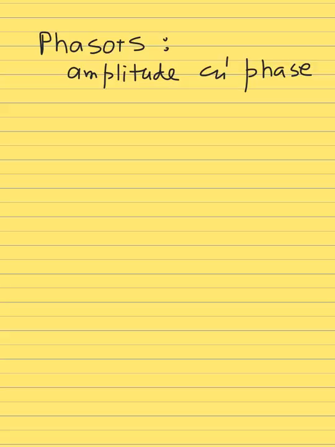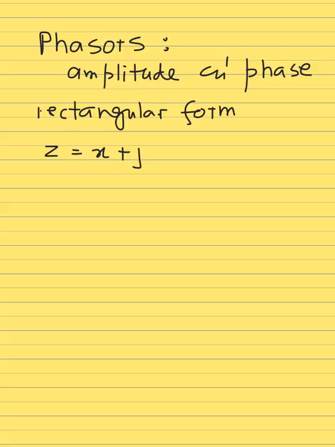And there are 3 different forms for complex numbers. The first form is called rectangular form. In rectangular form, let's say z is one of the phasors, z is x plus j y, with real part x and imaginary part y. Another form of complex numbers is polar form.